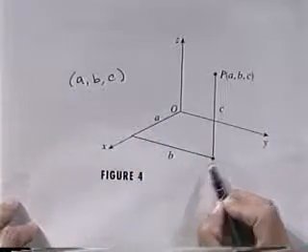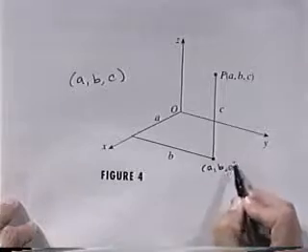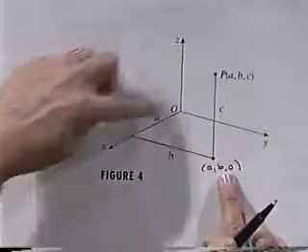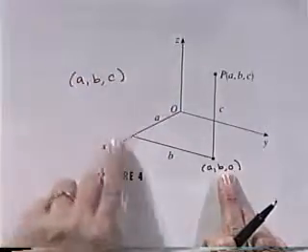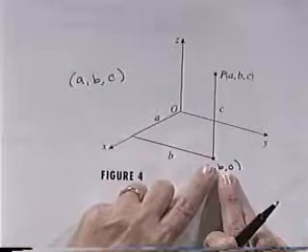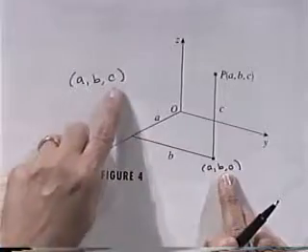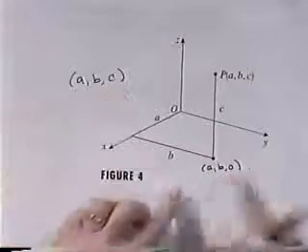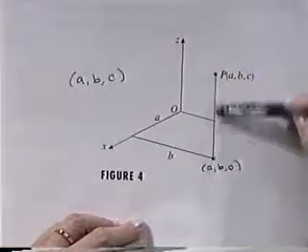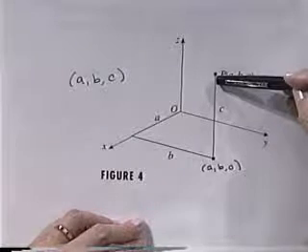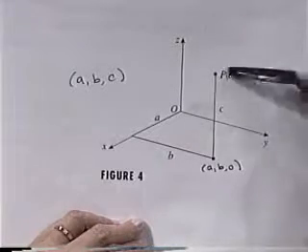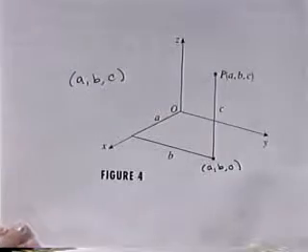So right here is the point (a, b, 0). You with me? Because I've gone in the x direction a units, then I've gone parallel to the y-axis b units, and if b is negative, you'd be going backwards. You with me? And then the z-coordinate is c, so if c is positive, you would go up above the xy-plane, c units. And that's how you would plot your point (a, b, c).